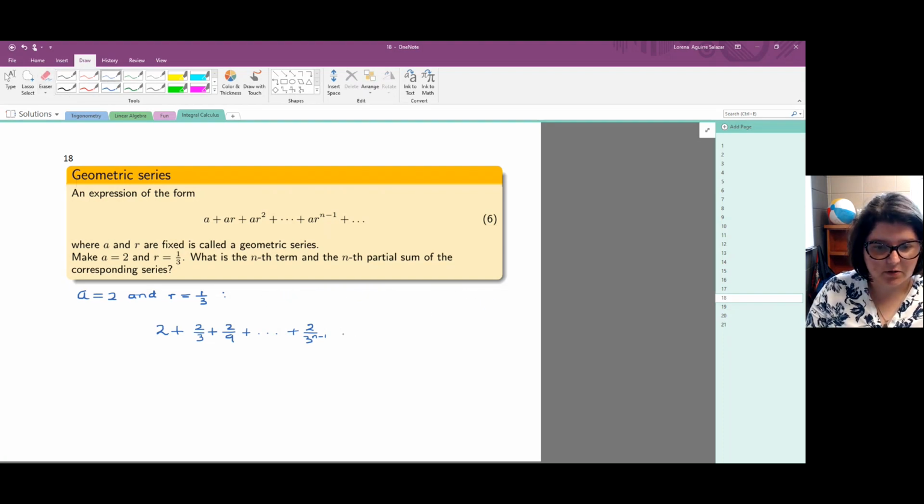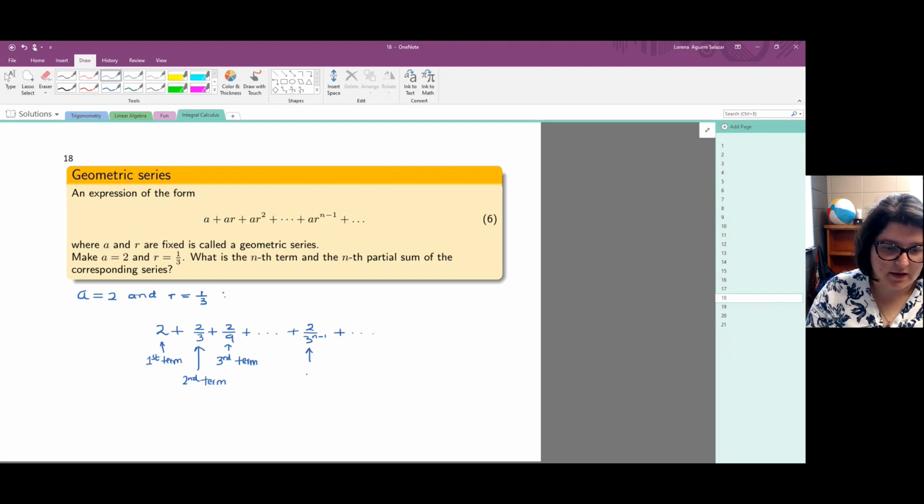So we have a series that looks like the one we just wrote. And what we can say is that the first term of the series is 2. That's the first addend we see. The second term is the second addend we see, so that's 2/3. The third term is the third addend we see, and that's 2 divided by 9.